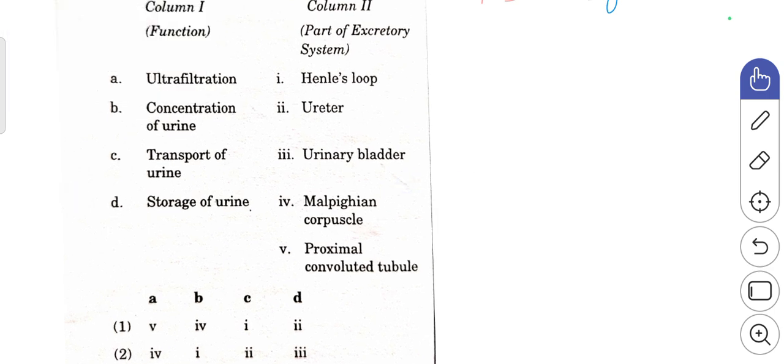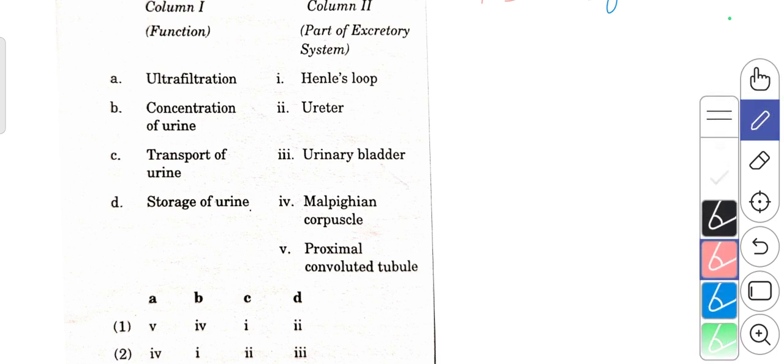So next one, ultrafiltration. Ultrafiltration in the kidney is done in the Malpighian corpuscles. Concentration of urine takes place in Henle's loop. Then transport of urine, as you all know, is by a tube, that is the ureter. Then storage of urine will always be in the urinary bladder.